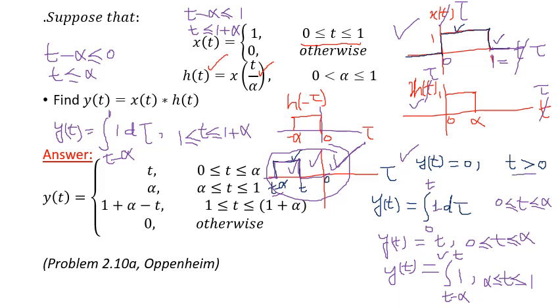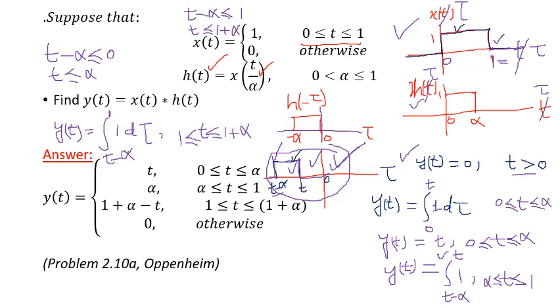For the second interval, you can see we will have the partial overlap, and the partial overlap starts with t equals 0, right? And when you keep moving, the moment it crosses this edge, the left edge of this signal passes 0.